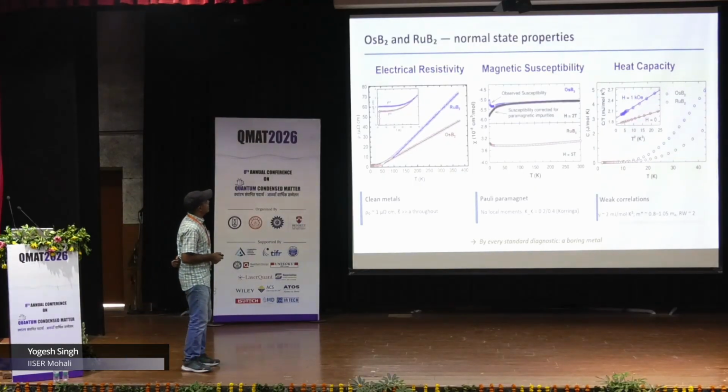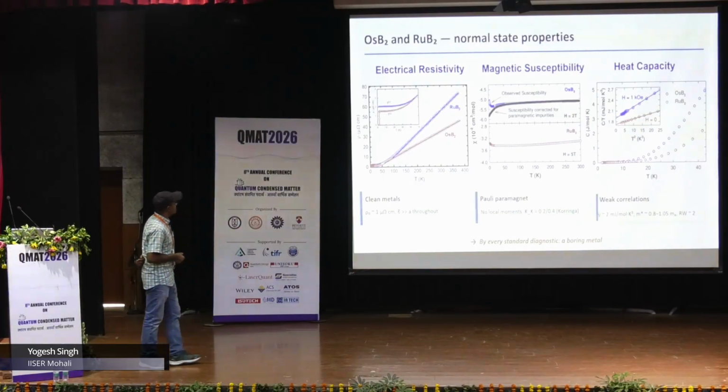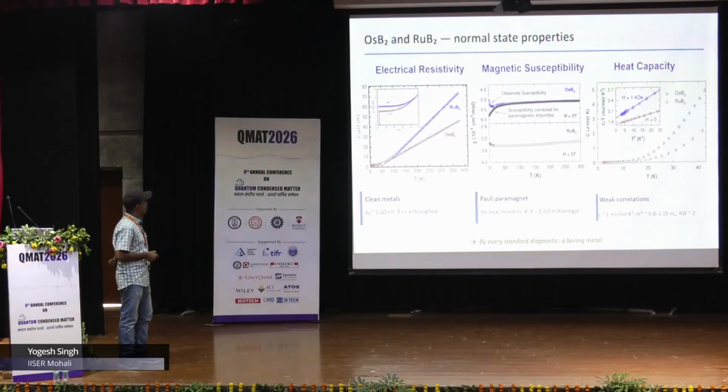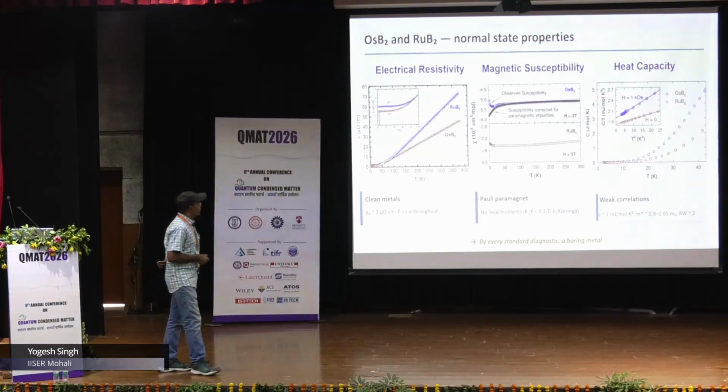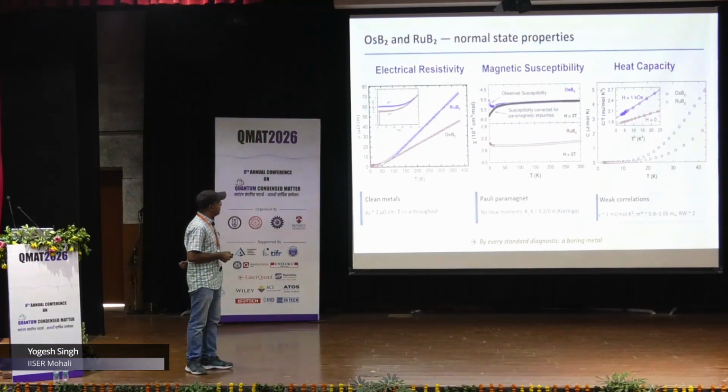So this is the collection of normal state properties, the resistance as a function of temperature for both materials. We will come to the large linear slopes in a moment, but look at the inset where the low temperature resistivities are extremely small. So they are very, very clean metals. The susceptibility is temperature independent for most of the temperatures except at very small temperatures.